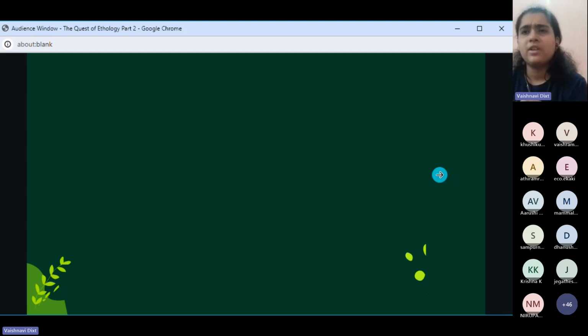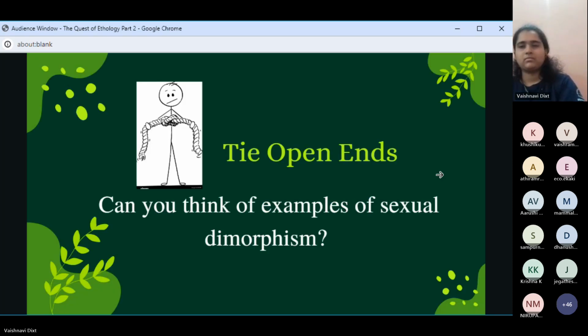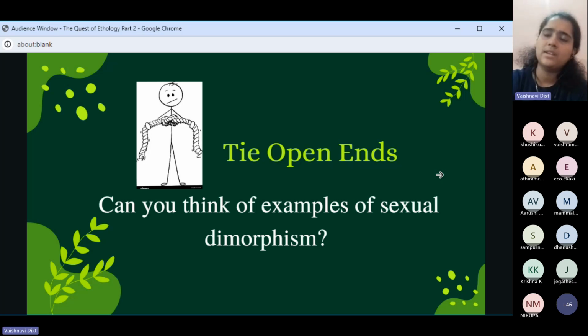Okay, so before I go to parental care, can you guys think of some examples of sexual dimorphism? I think you must have studied. As I said, the male and female should be different in appearance. So can you think of some examples? Mammals. Okay, all mammals. Are you sure? Peacock, bird.